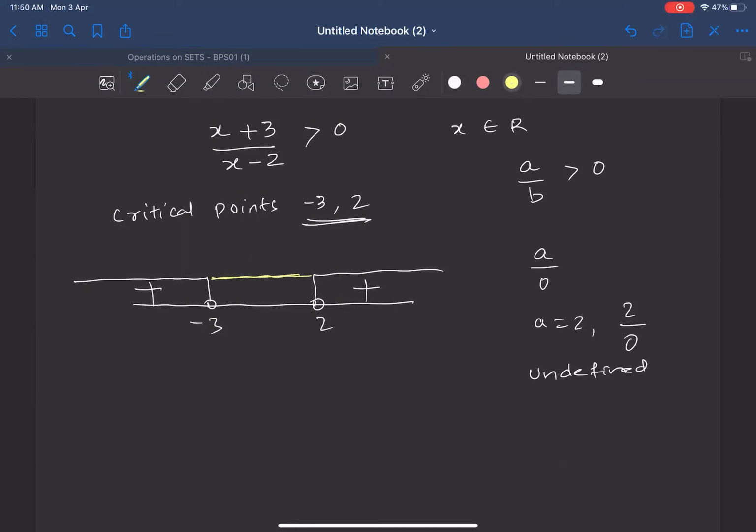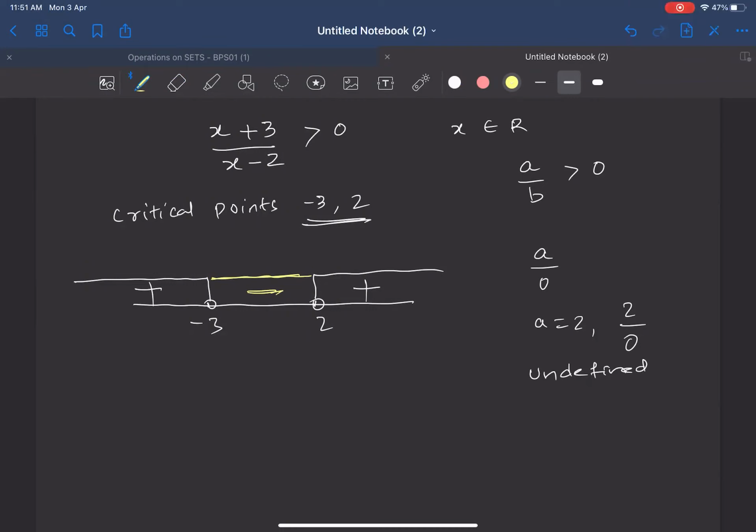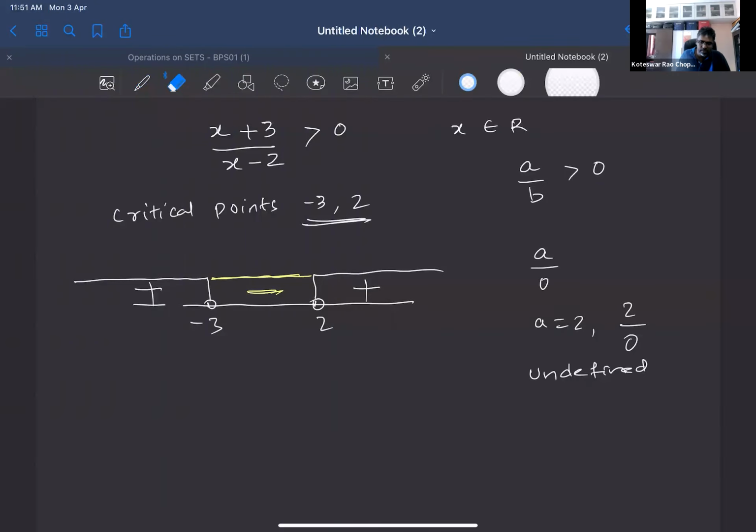Between will be negative, right? So that means what will be your solution set then? This is your solution set, and this is your solution set.